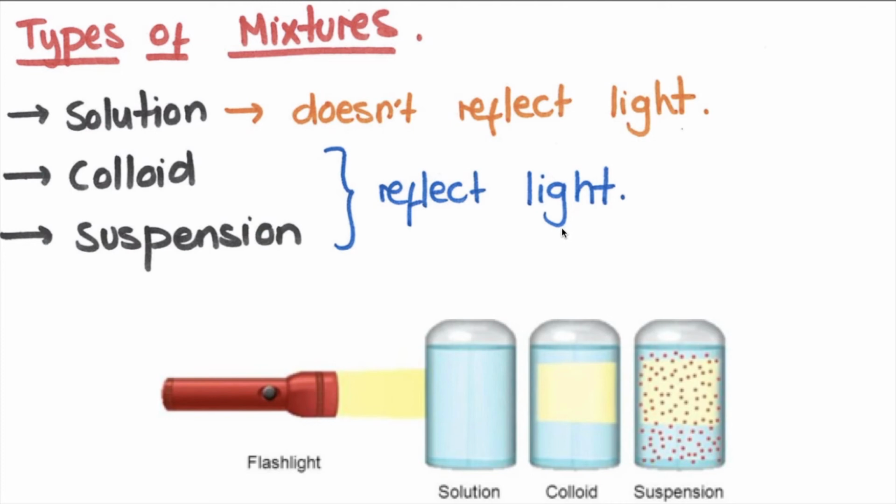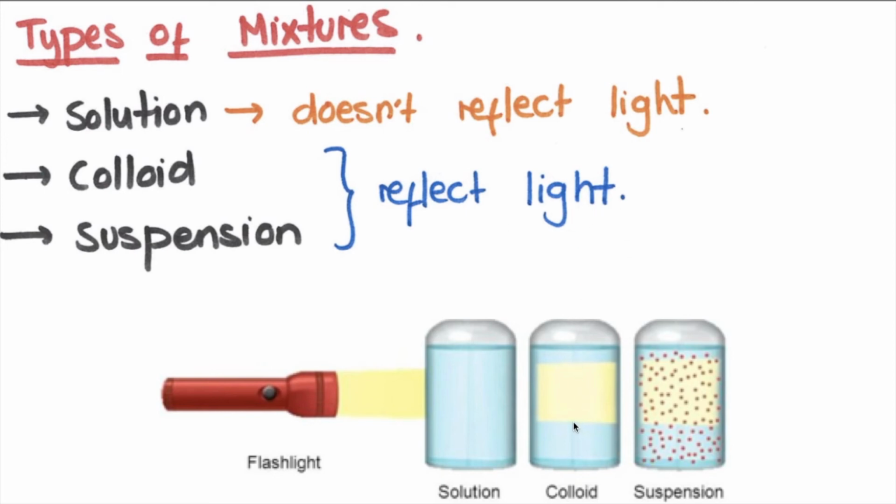I'm not going to go into much detail of why this happens, because to understand why, we have to understand the phenomenon of light, and to do that, we have to go into further years of science about waves and how light behaves.